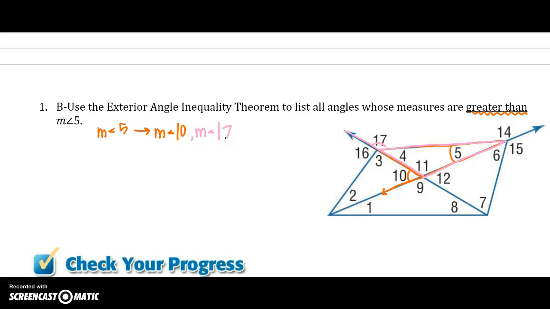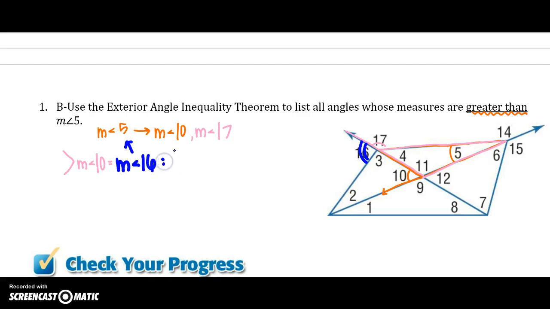Again, we're looking for those angles that are greater than. Using that transitive property, do I have any angles greater than the measure of angle 10? I can see that 16 would be considered my exterior angle, so the measure of angle 16 would also fit in that category.